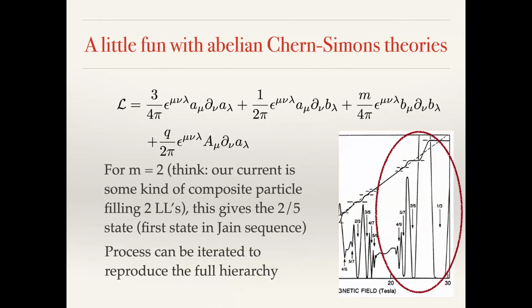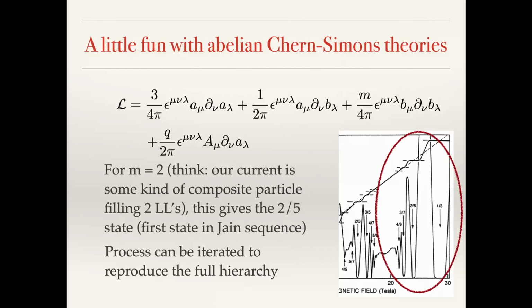Okay, so what's nice about this action? So if you pick m equals 2, this action, and I'll say a bit more about this in a minute, but if you pick m equals 2, you can compute the Hall conductance and the particle content of this theory, and m equals 2, k equals 3, and you reproduce this 2/5 plateau, okay?